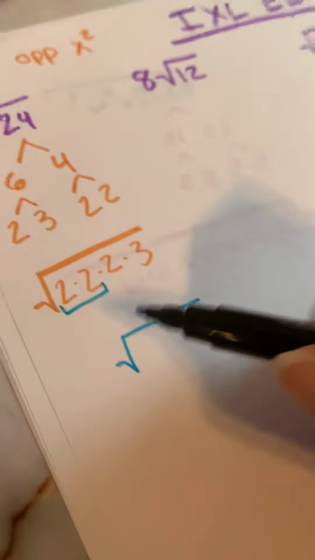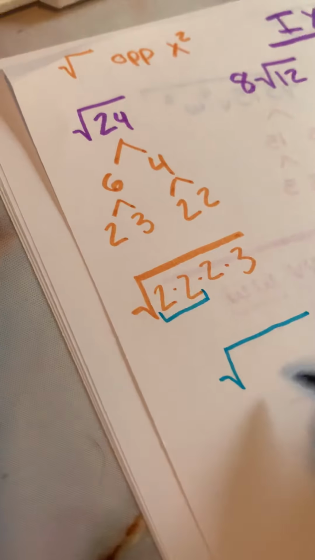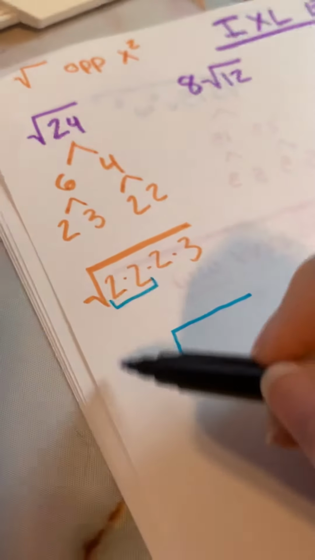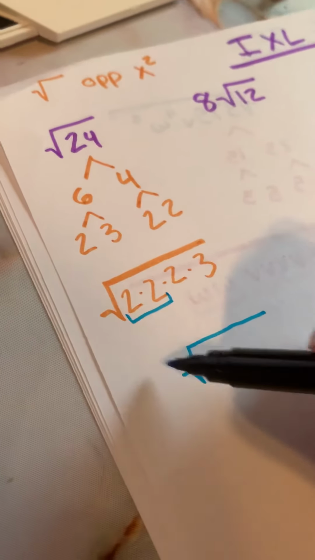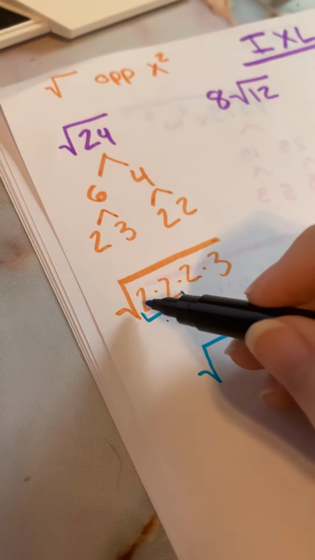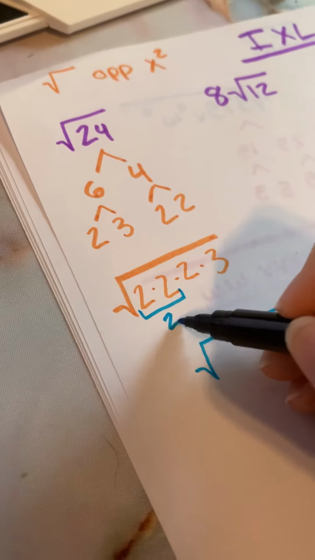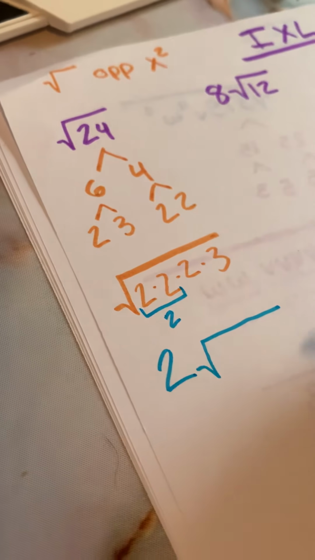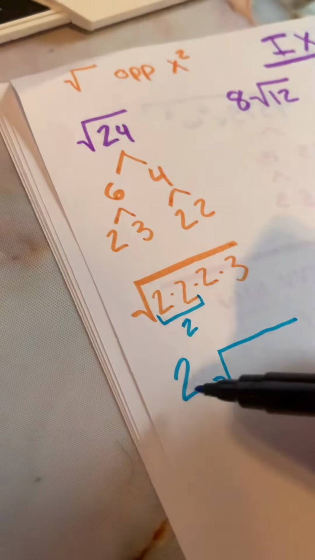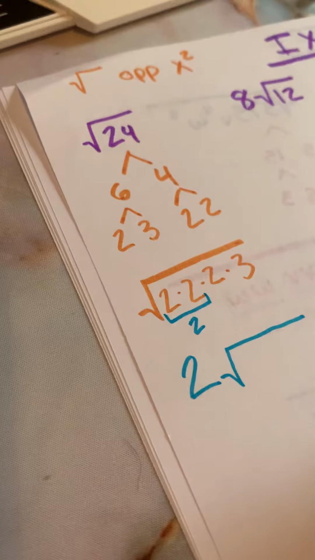Now we're going to our square root. We're going to have something on the outside and something on the inside. The outside is where your pairs go. If I have one pair of 2s, I'm going to have one 2 on the outside. That's saying there's a pair of 2s on the inside.